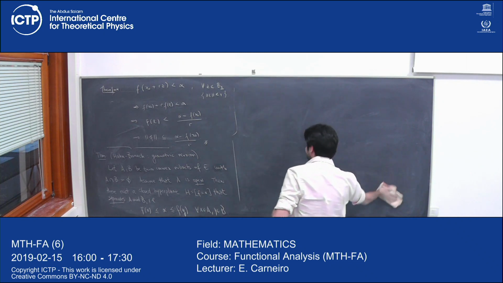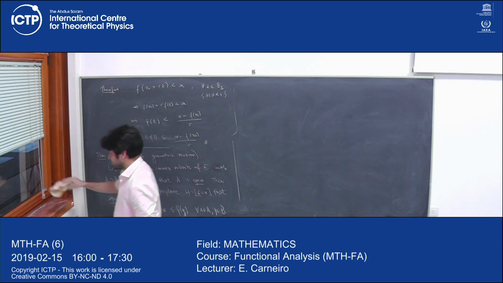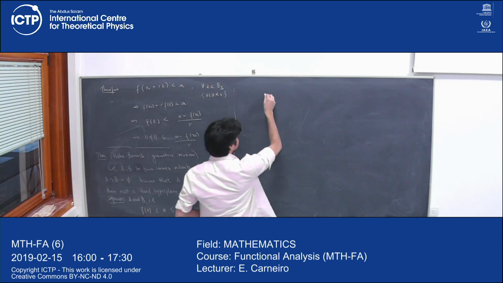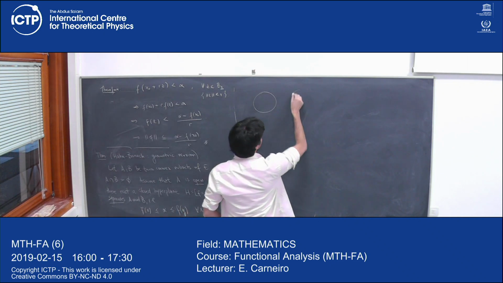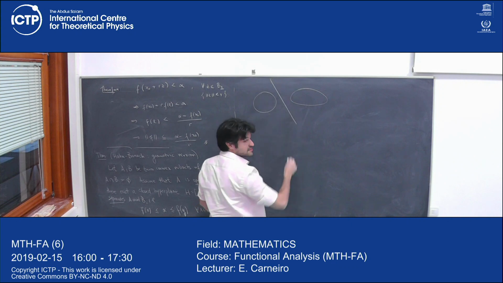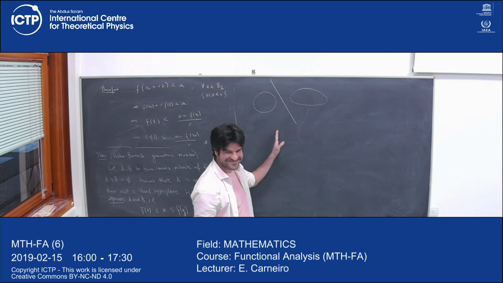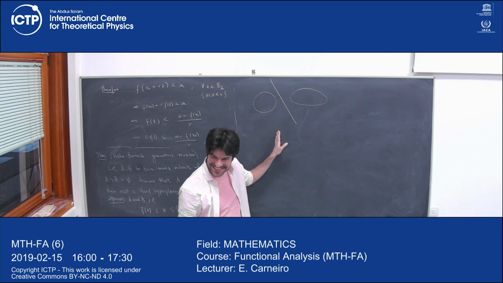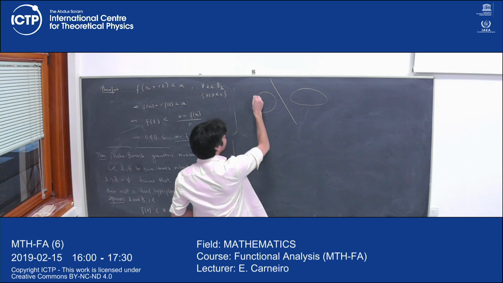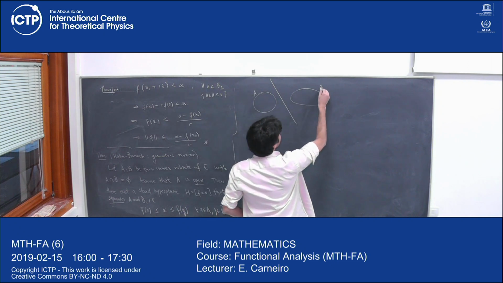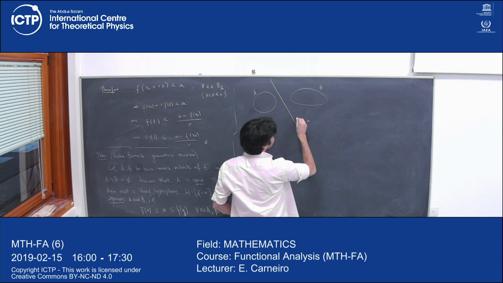Okay? Remember, the geometric interpretation is this. This is what you take from today's class. A and B, f of x equals alpha.